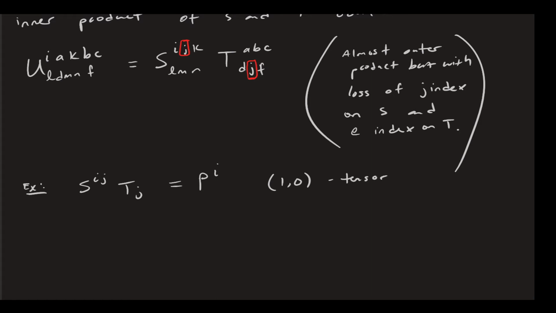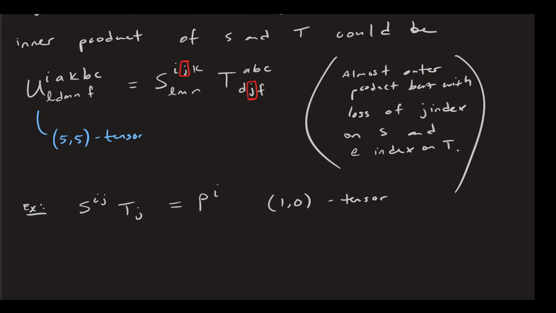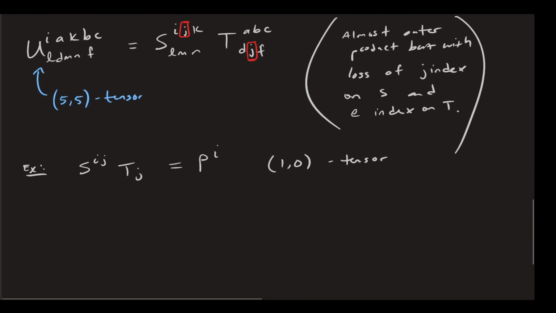Whereas before this example, this produced a (5,5) tensor when we actually started off with (3,3) tensors. So it depends on what tensors you start out with and the inner product that you're doing.